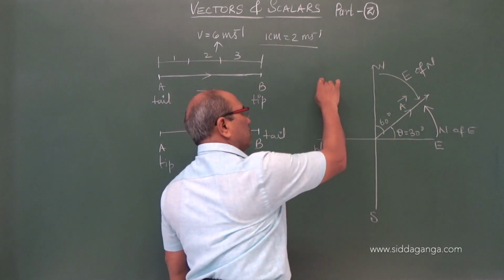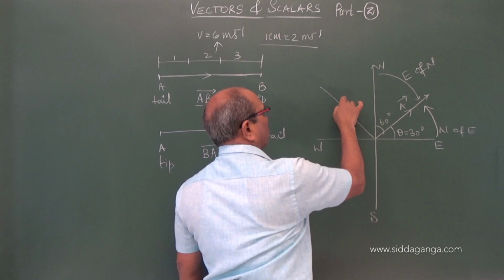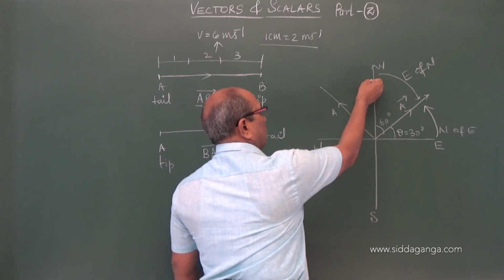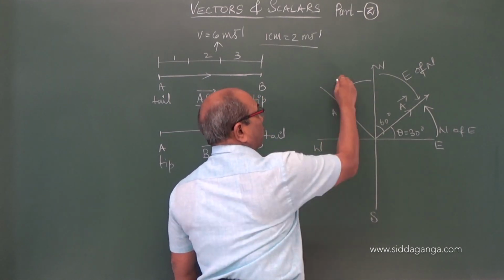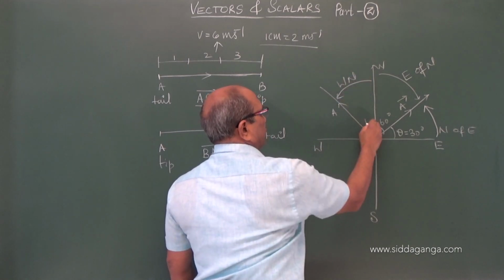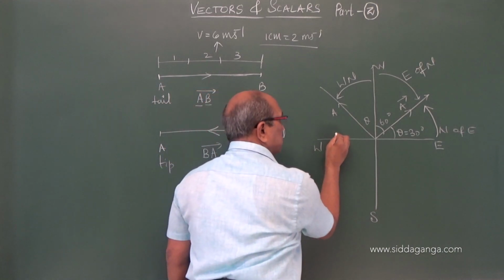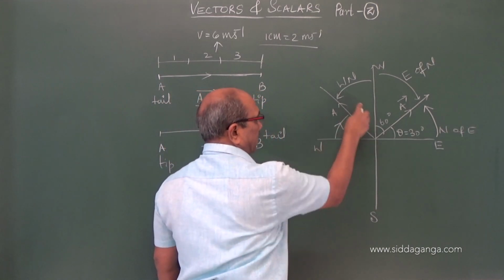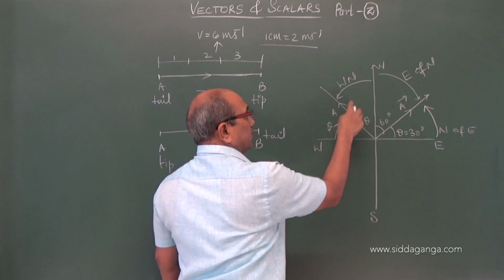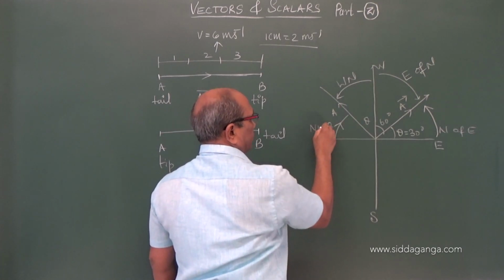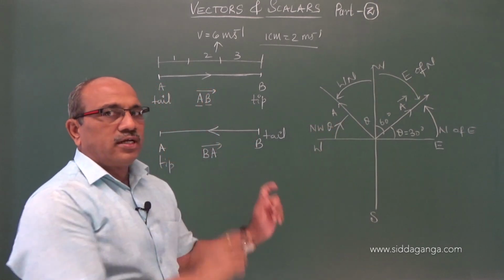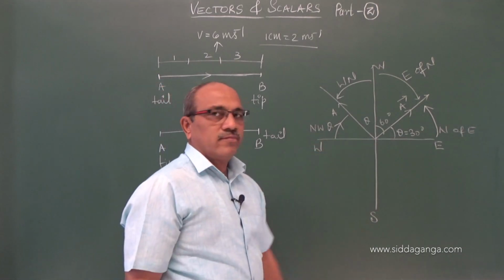Similarly, I can say here vector A is here. If you are coming in this direction, west of north. If theta is here, west of north, please see the arrow mark. If I go like this, the direction theta, then I say north of west, by which you can fix the direction correctly with the reference line.